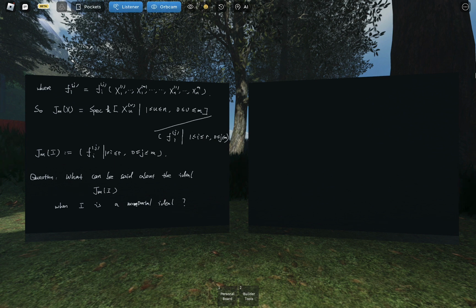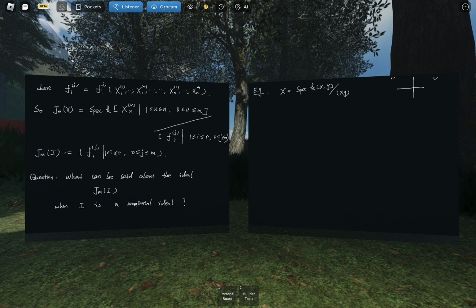Now let's look at an example. Let X be this affine scheme. Yeah, so this corresponds to this curve. This is the picture.